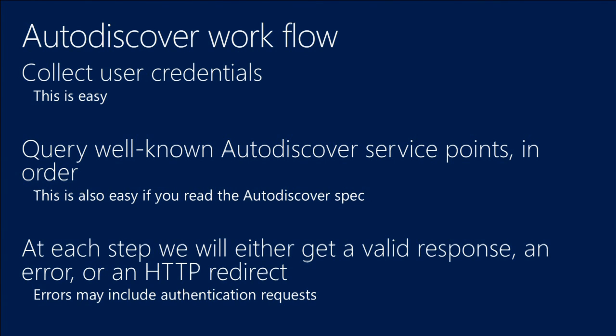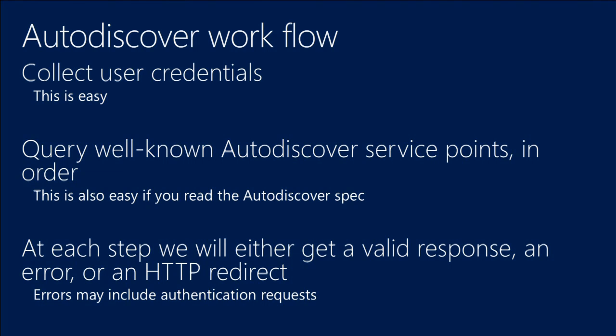When we request that URL, we're going to get back one of essentially three things. We will either get back a complete manifest, we'll get back an error of some kind, which generally means that our AutoDiscover request is wrong in some way, or we may get back a redirect that points us someplace else.